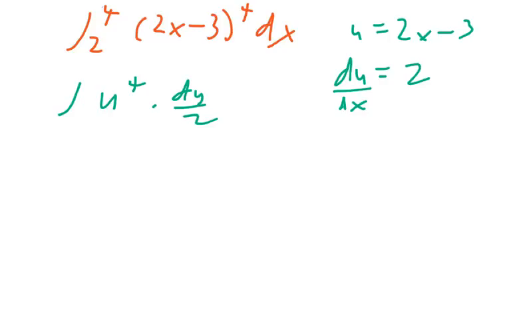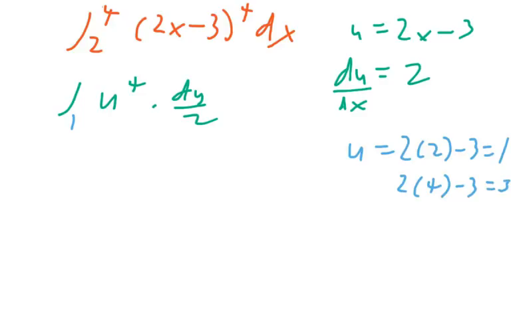When I plug 2 in here, 2 times 2 minus 3 is equal to 1, so the 2 becomes a 1. And 2 times 4 minus 3 is equal to 5, so that becomes a 5. So we got from 1 to 5, 1/2 u to the 4th du.